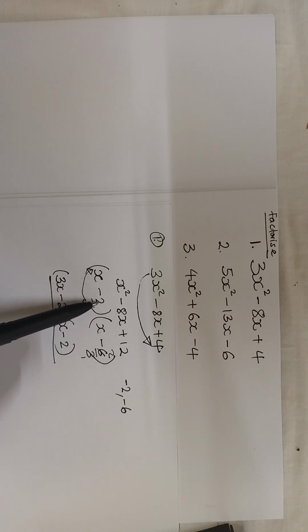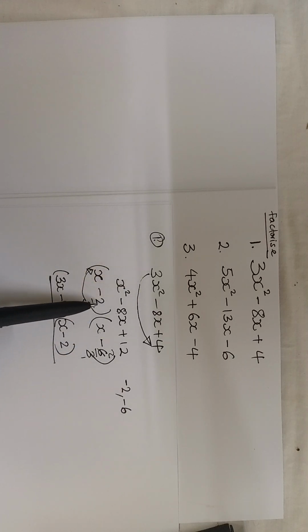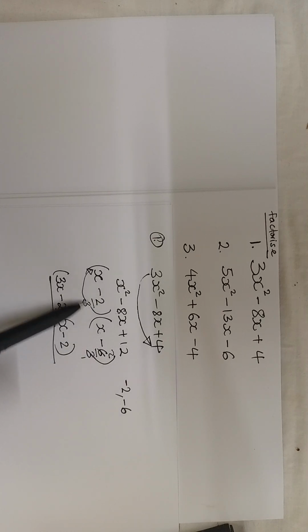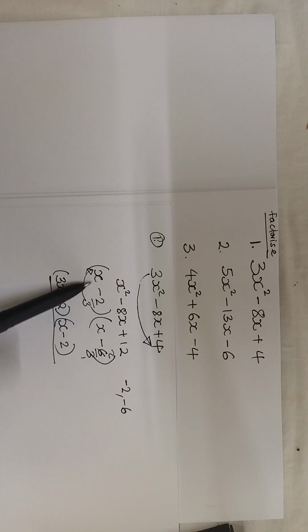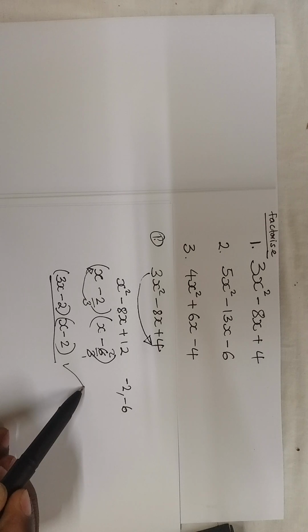So I've put negative 2 here and negative 6 here, and then divided the negative 2 and negative 6 by the 3 which I moved here. After cancelling, I get 2. This one can't be wholly cancelled, so I take this 3 and put it here, and then this one becomes the answer.